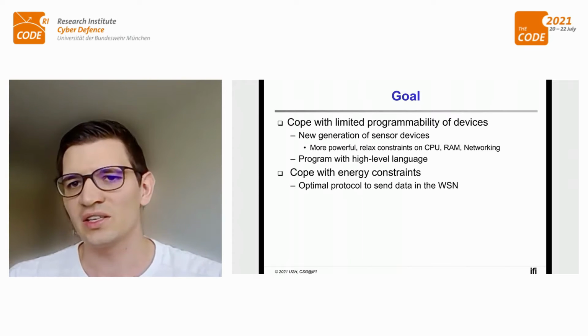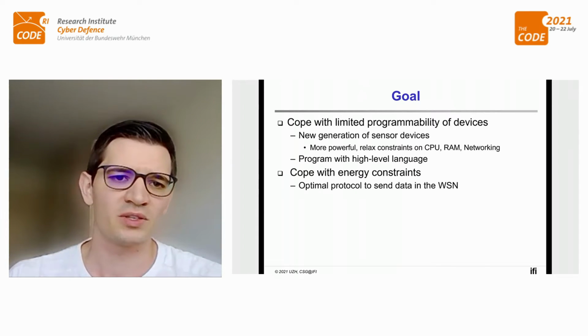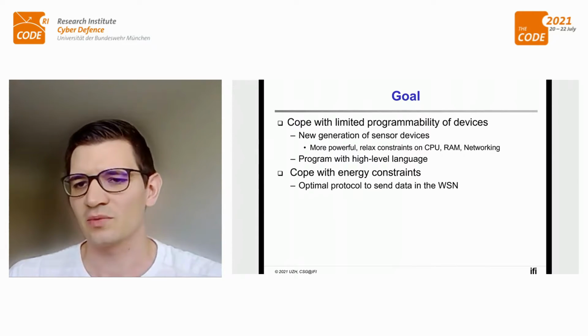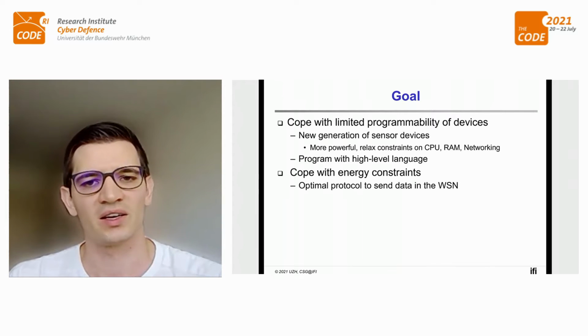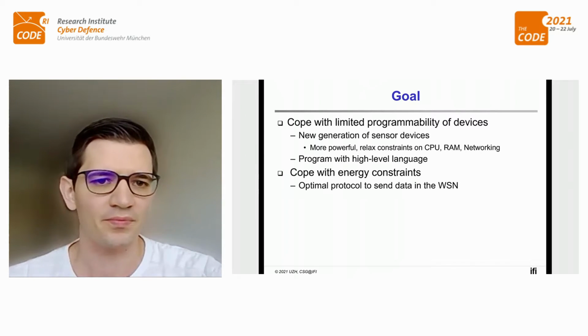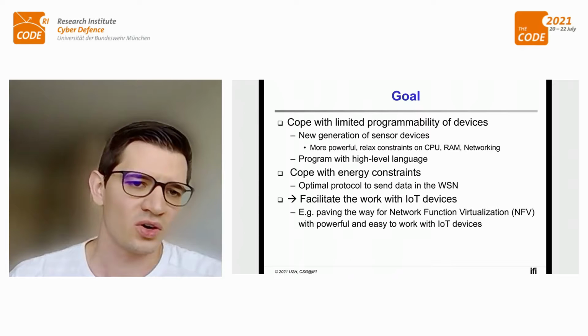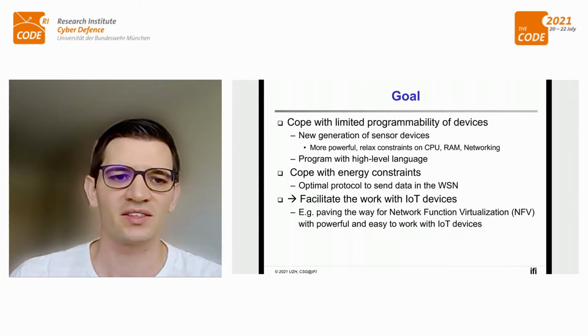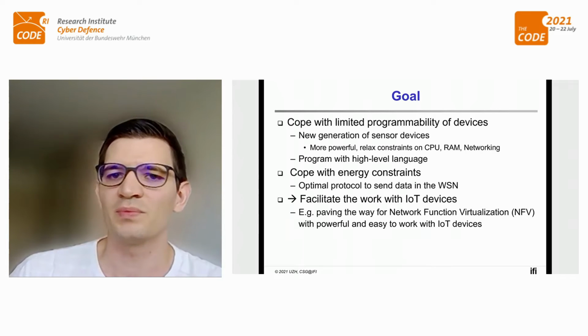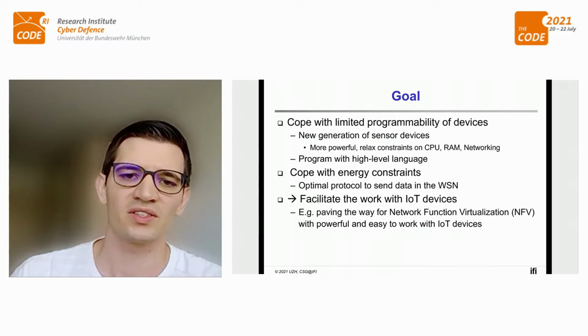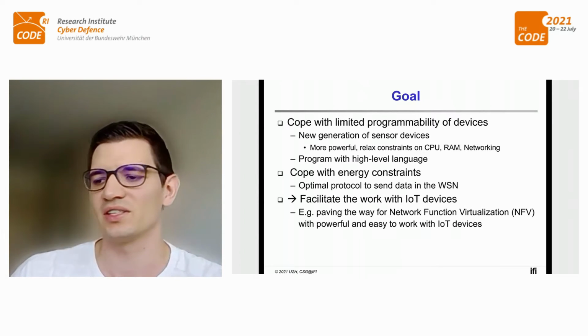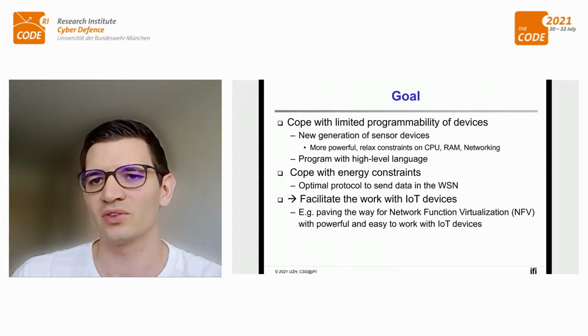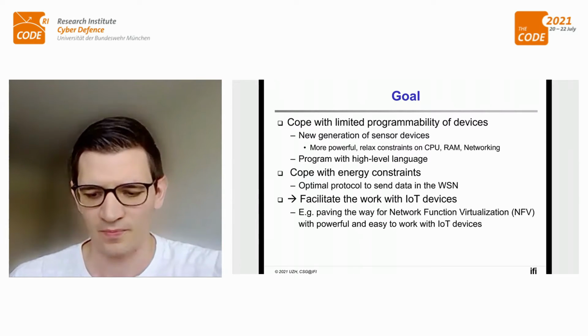For this, we implement an optimal protocol that can be used to send data in a wireless sensor network. Overall, the goal is to facilitate the work with IoT devices. This could, for example, pave the way towards network function virtualization using powerful IoT devices.